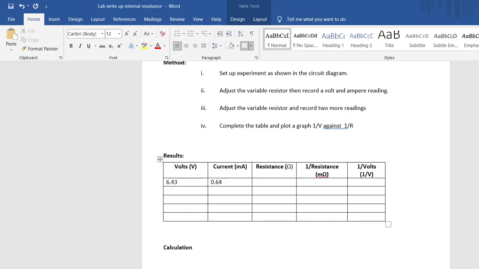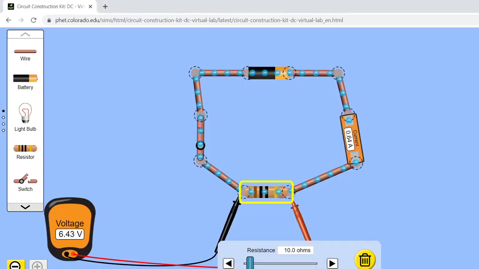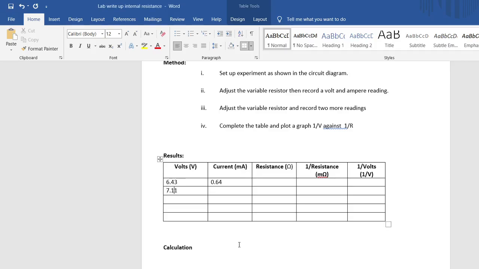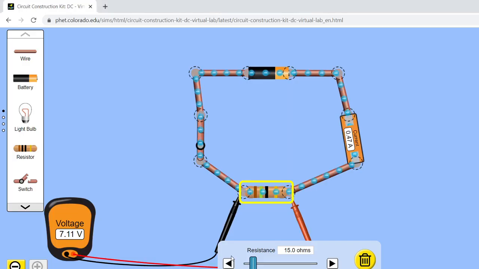That's line 1. Line 2. Now we have 7.11 and 0.47.